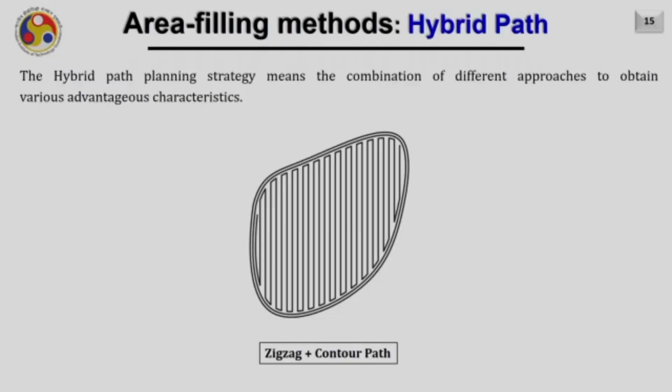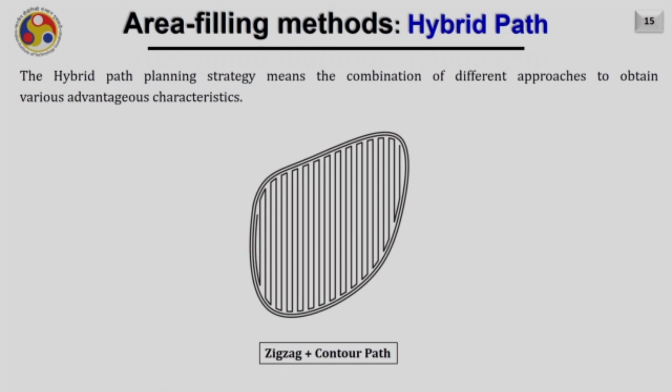Finally, if we use a combination of tool paths like zigzag with contour parallel, or MAT with zigzag, or fractal with contour parallel, we will have some unique benefits, and this type of tool path is called a hybrid path. So basically, the hybrid path planning strategy means the combination of different approaches to obtain various advantages.